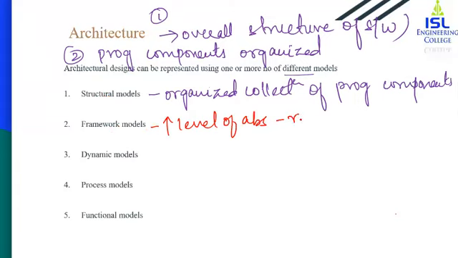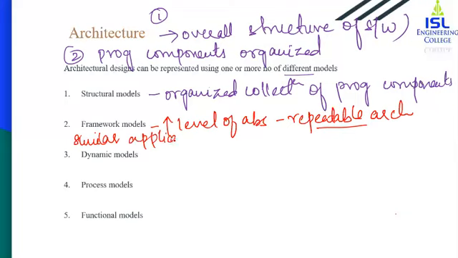By identifying if there is any repeatable architecture. When are you going to find a repeatable architecture? When you are developing a similar application. So here the different architectures can be reused. Whenever you are reusing, it is going to save your time and cost. So that is the second model, the framework model.